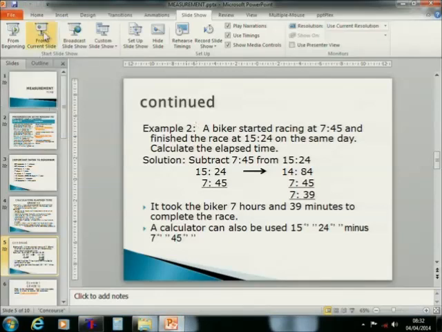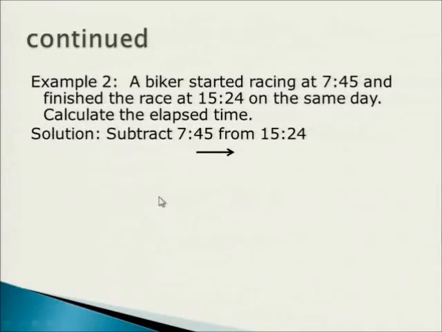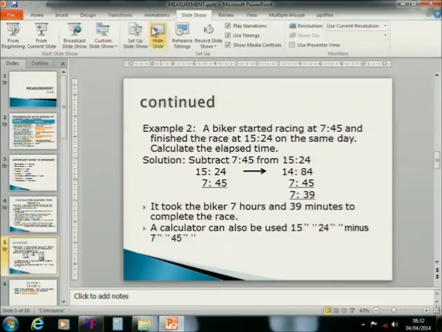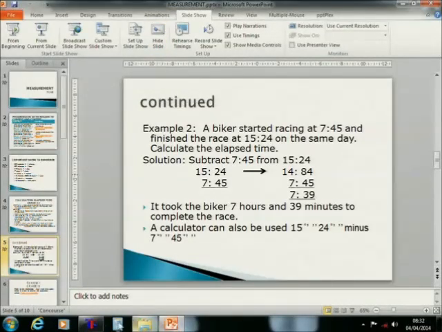So let's have a look at our example. The first step, I said we subtract 7:45 from 15:24. But however, if these two are being subtracted, it will give us a negative number. So we need to convert this one.